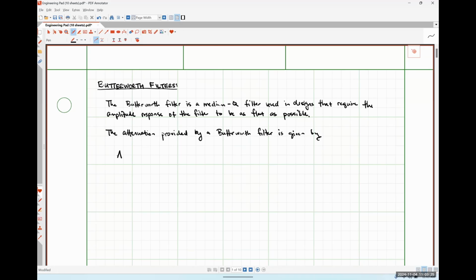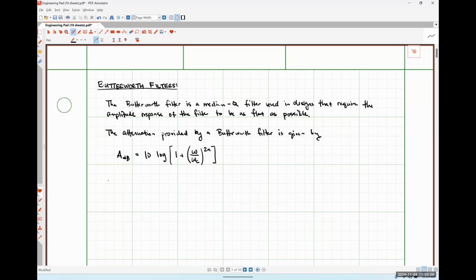So this is our attenuation measured in decibels. So that's A dB is 10 times the log of 1 plus omega over omega c, where omega c is our desired cutoff frequency, and that omega over omega c is raised to the 2nth power.